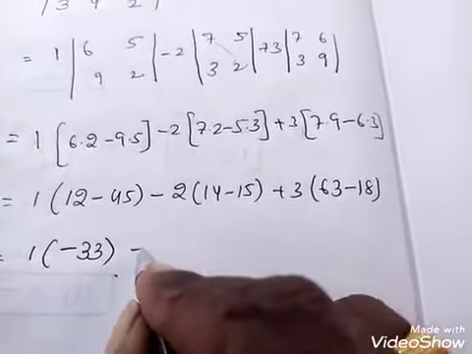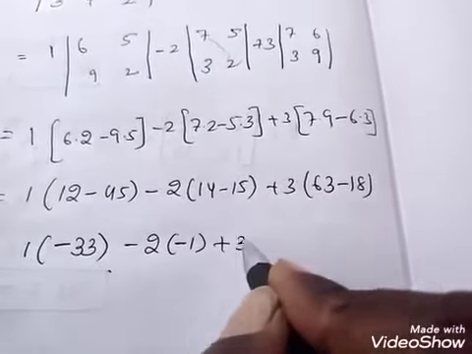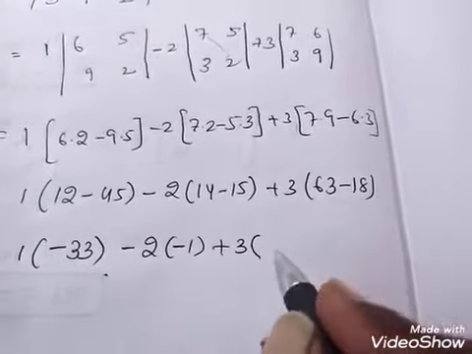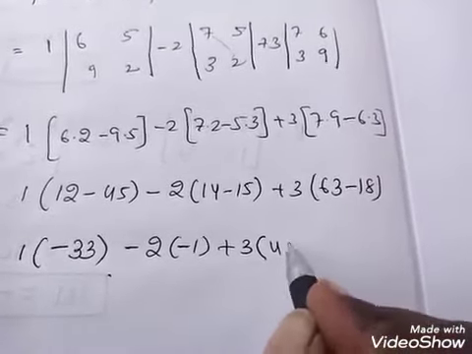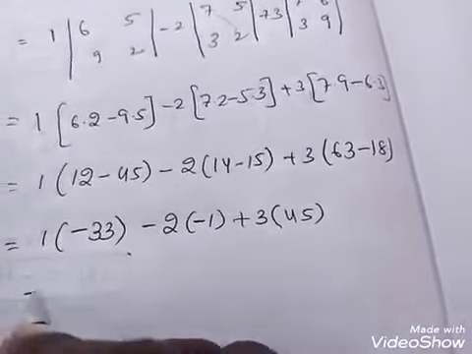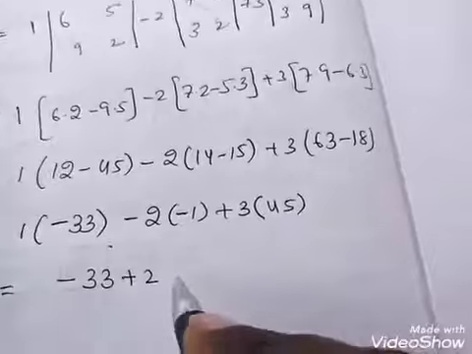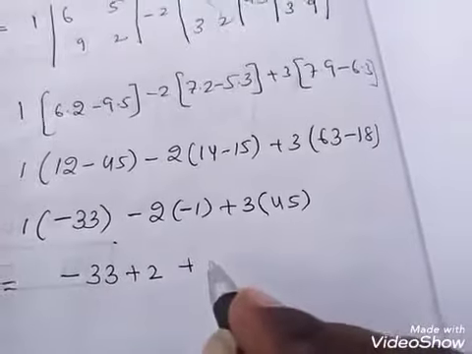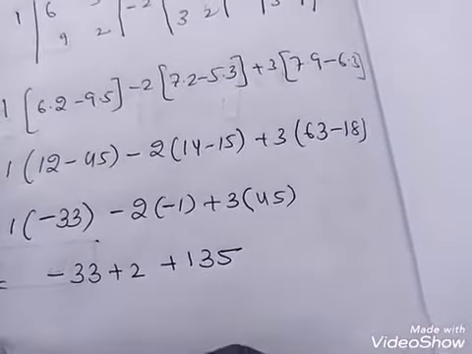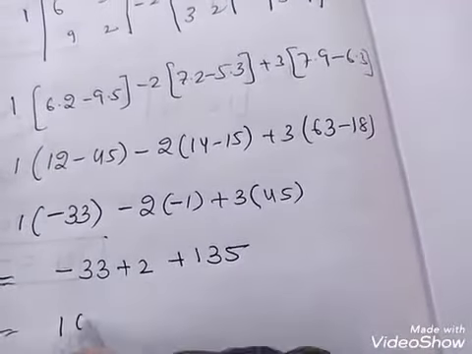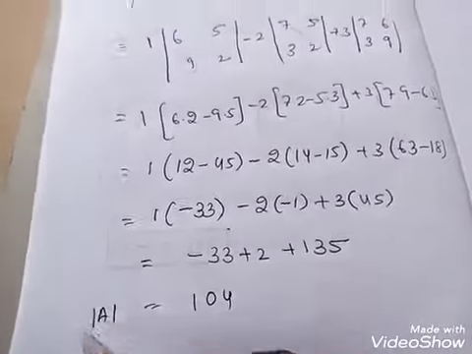Next is minus 2 into minus 1, and plus 3 into (63 minus 18), that means 45. So minus 33 plus 2 plus 3 into 45. 3 into 45 is 135. Now you are going to get 104. So det A is 104.